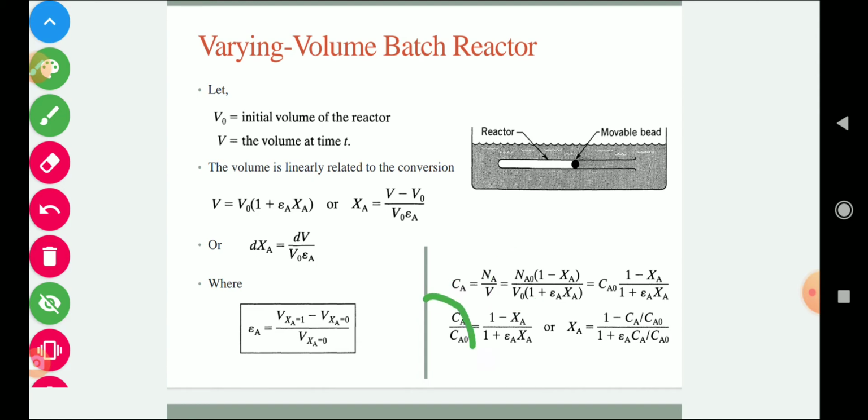Similarly, Ca upon Ca naught equals 1 minus Xa upon 1 plus epsilon A Xa, or if we rearrange that equation, Xa will be equal to 1 minus Ca upon Ca naught, upon 1 plus epsilon A Ca upon Ca naught. So these are very important expressions, and I suggest you memorize them.